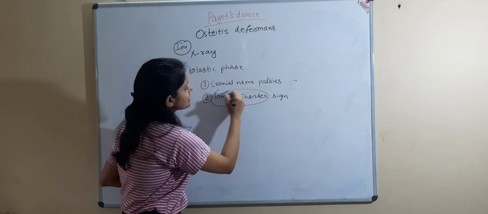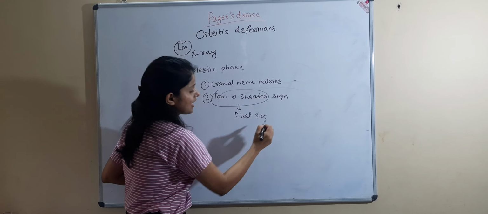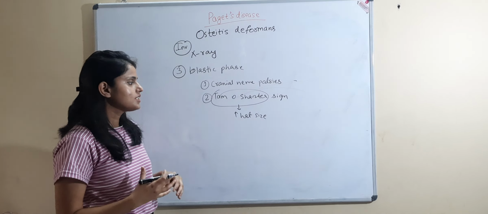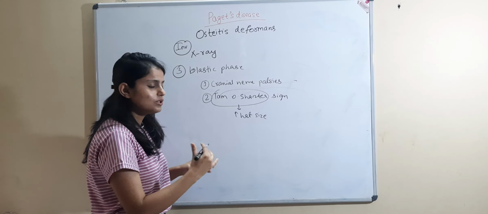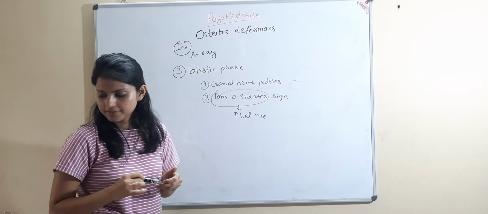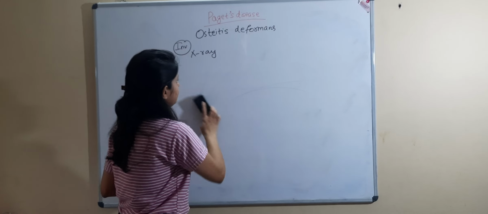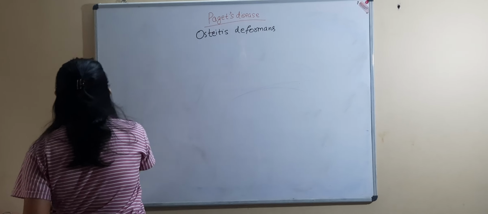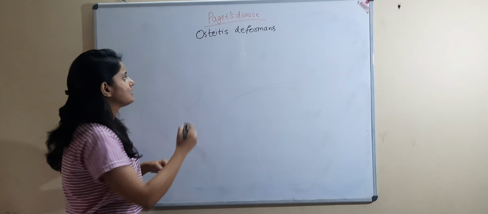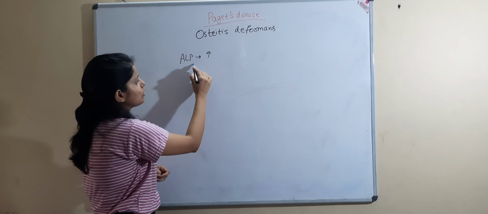Tam O'Shanter means increased head size. As the osteoblastic activity continues, the bone continues to grow, and the patient will need a greater size of hat every year. And in this, alkaline phosphatase will also be increased, as this is the marker of bone formation.